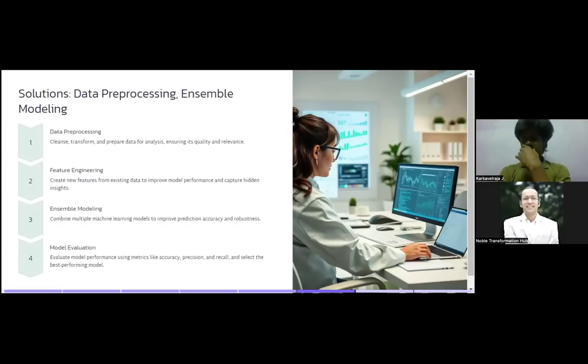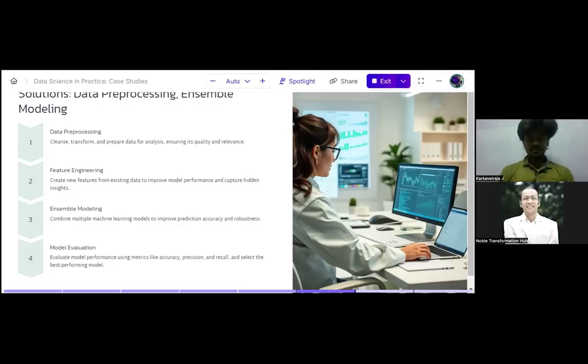And improving the model performance and capturing hidden insights. Okay, we can do that with feature engineering. Because it will do ontological study, it will go to a deep meta level and understand the hidden patterns through feature engineering, and that will improve our performance.